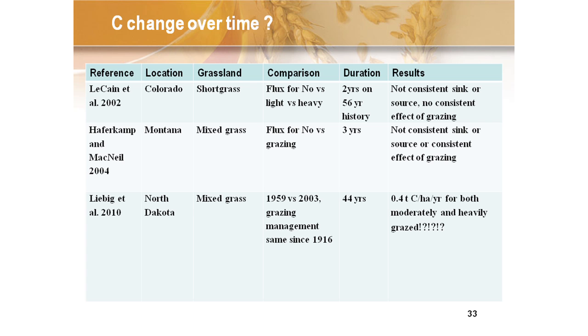There are some relatively short-term flux measurements that, sure, obviously at different times of the year, in different weather conditions, with particular grazing, can be a source or sink of carbon, but there doesn't seem to be any evidence that grasslands are a consistent sink or source of carbon, nor a consistent effect of grazing.